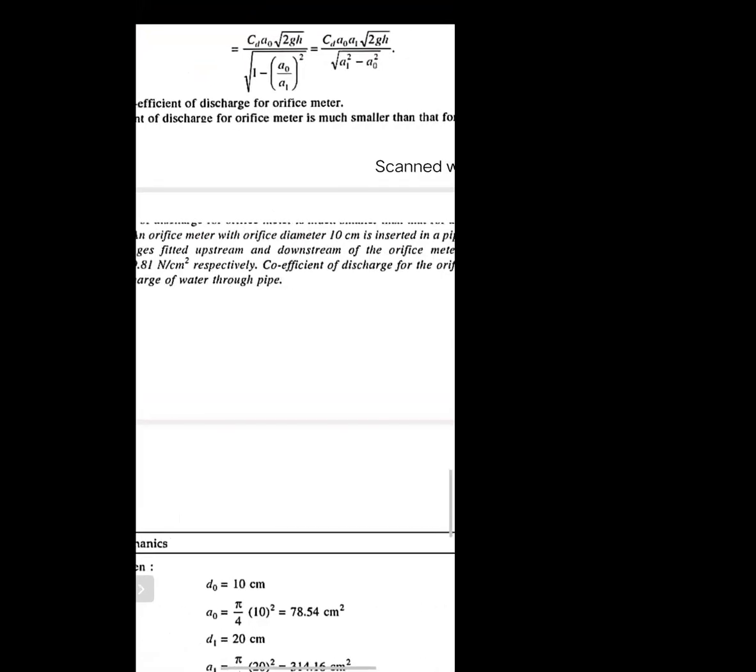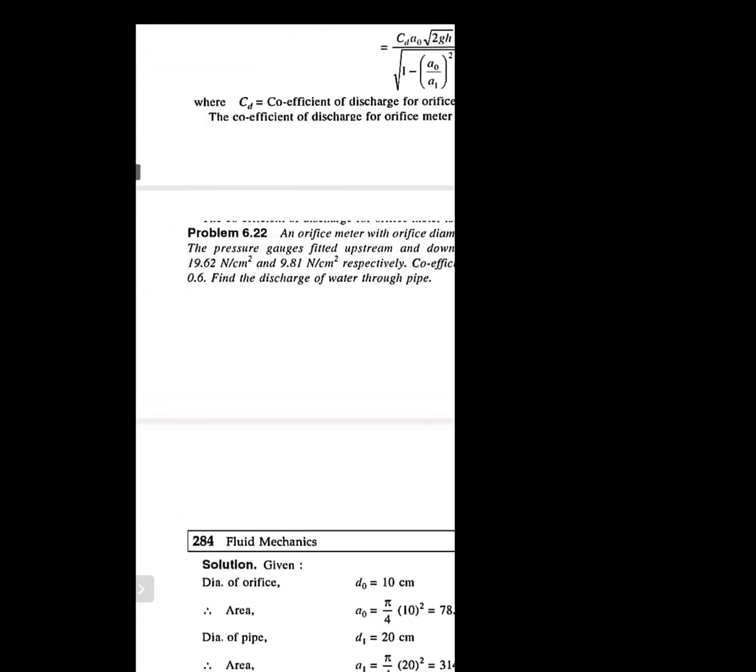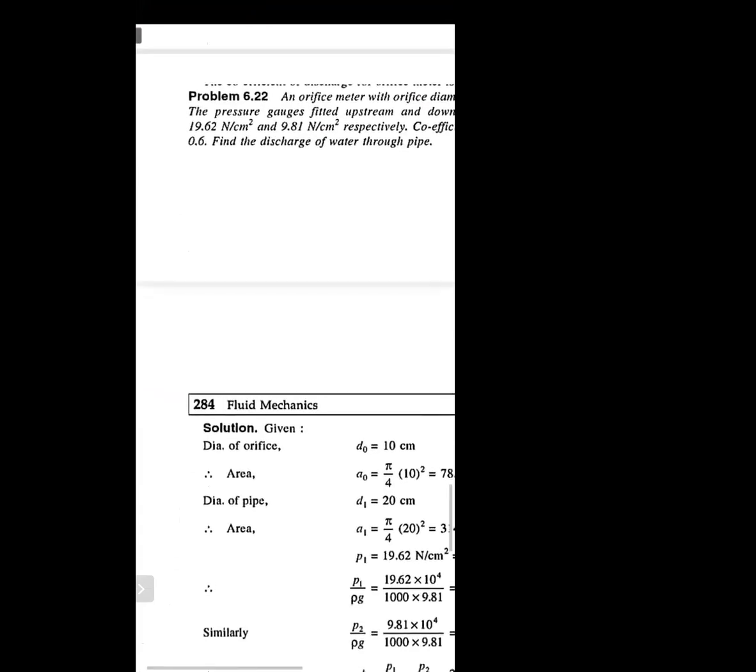The pressure gauges fitted upstream and downstream of the orifice meter give the readings of 19.62 Newton per centimeter square and 9.81 Newton per centimeter square.